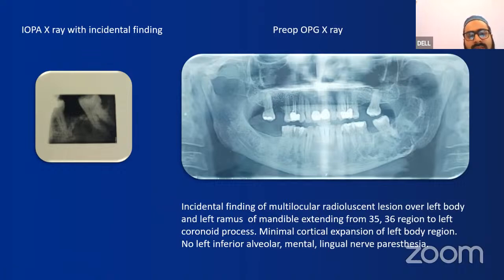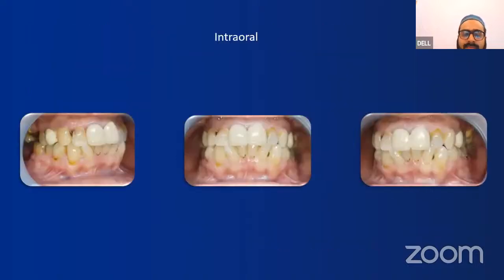Subsequently, we did an OPG and found that the entire mandible was hollowed out with a multilocular radiolucency extending from the second lower left premolar to the entire ramus, excluding the condyle.